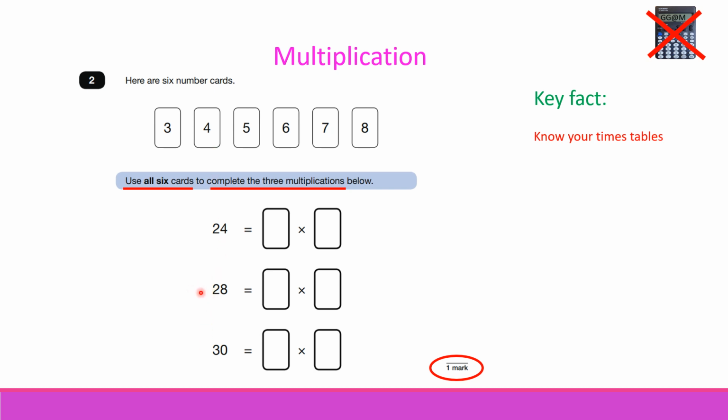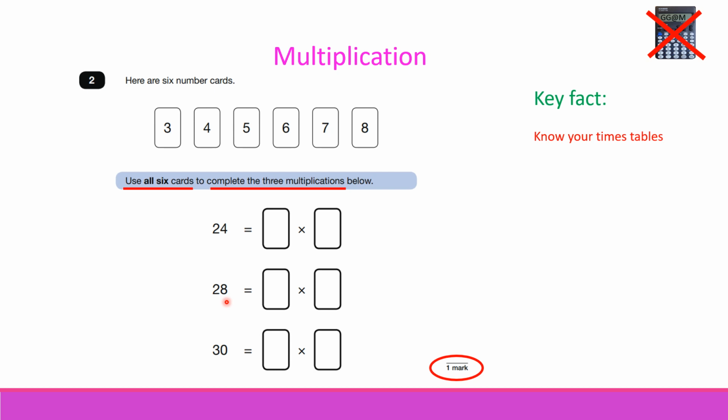Now, 28, again, we've got 1 and 28. Not helpful because it's not in the numbers that we've been given up here. 2 and 14, again, not helpful because it's not in the numbers up here. 3 doesn't go into 28. 4 does. 4 times 7 is 28.